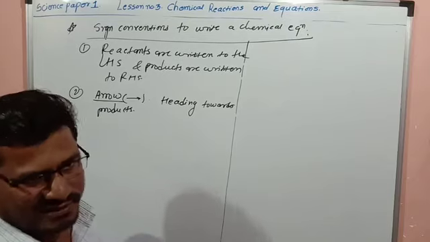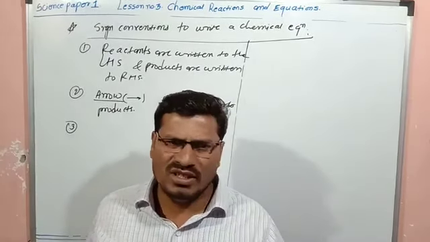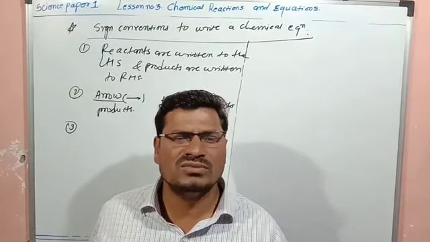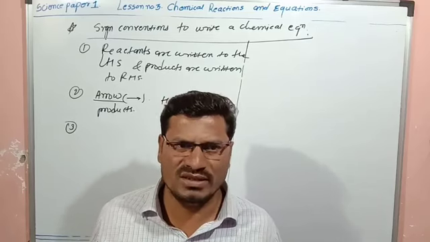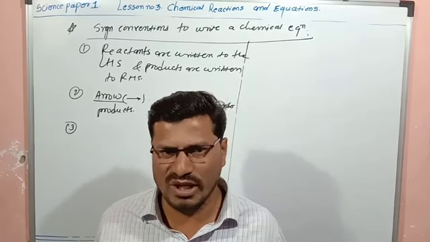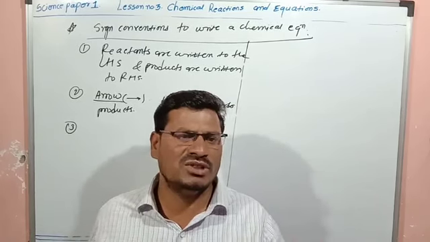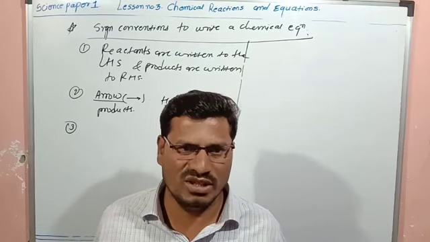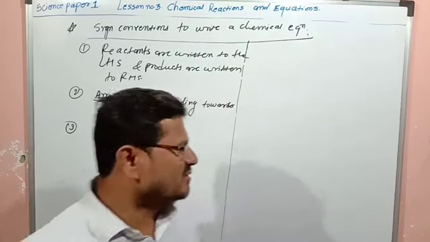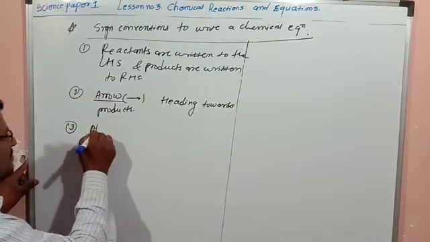Third point: suppose in the reactants there may be two or more reactants together, or sometimes two or three products together. At that time, the next point is the plus sign.